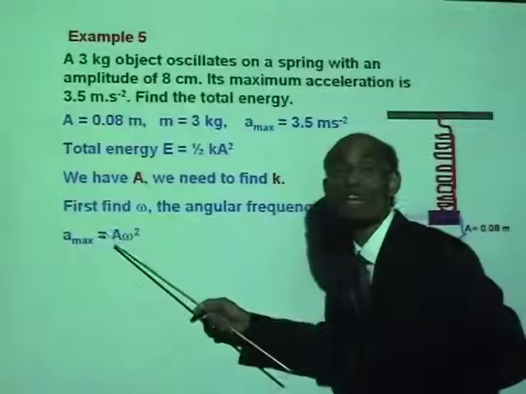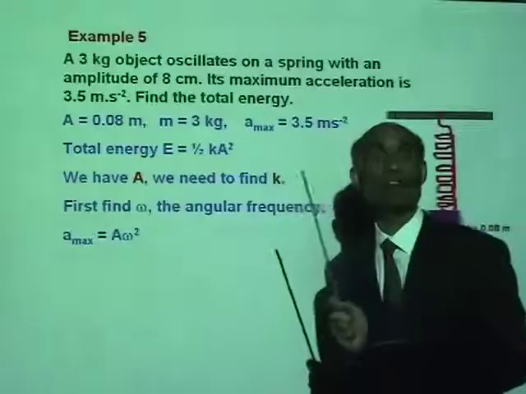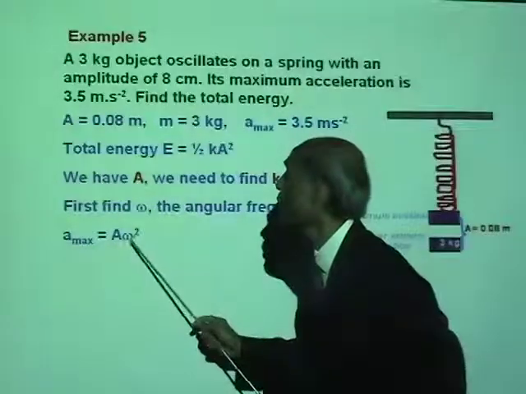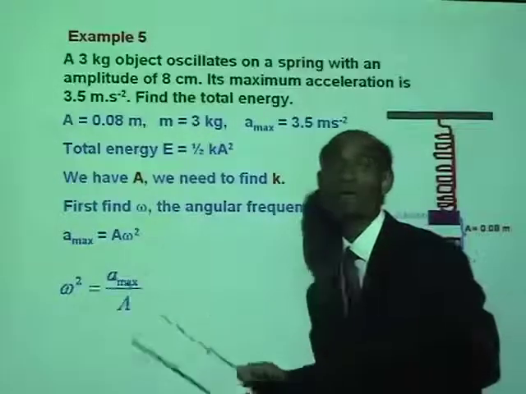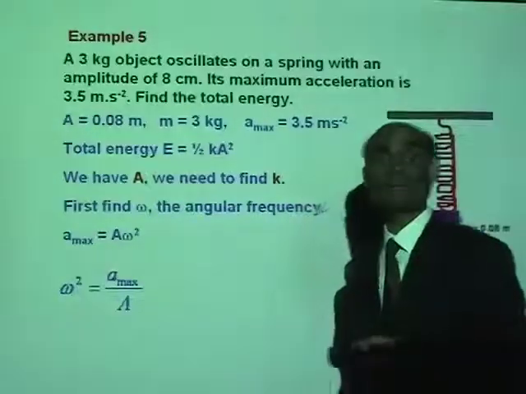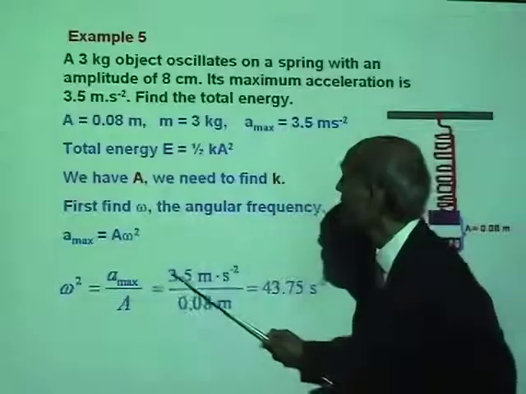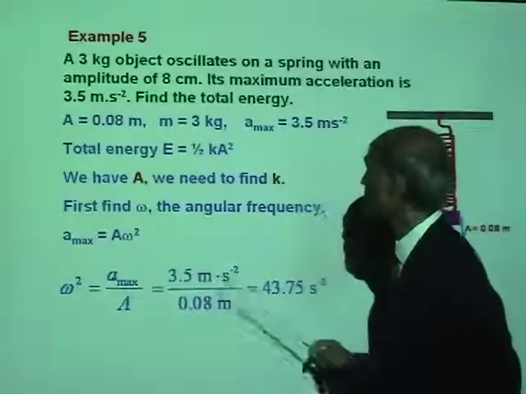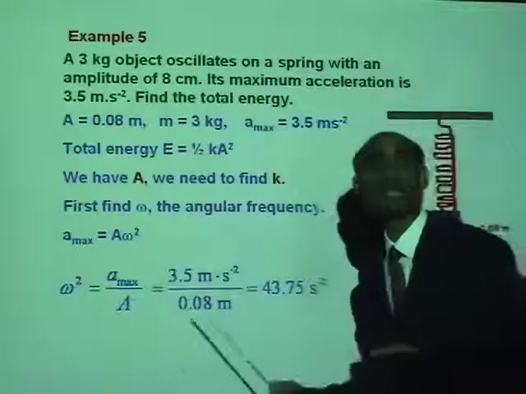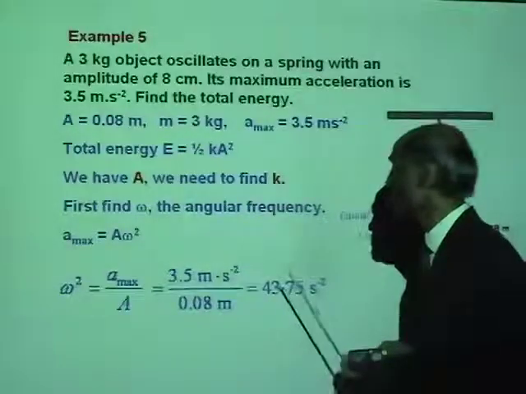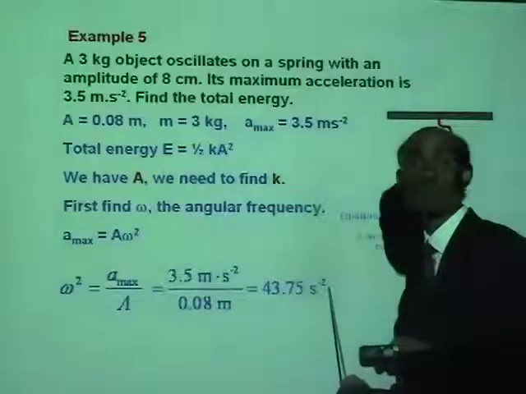A max equal to A omega squared. Therefore, omega squared equal to A max divided by A. That will be A max is 3.5 meter per second squared, amplitude is 0.08 meter, that is 43.75 per second squared.